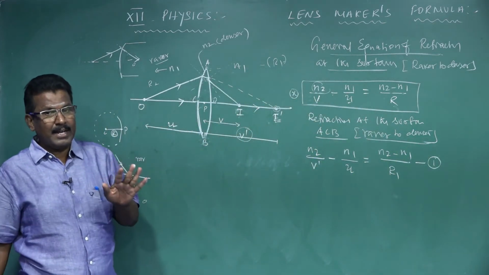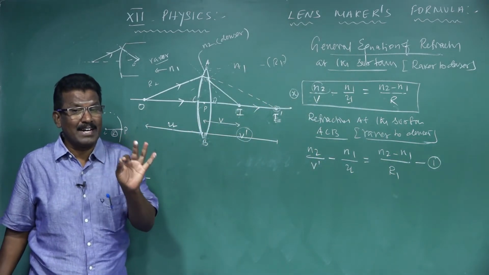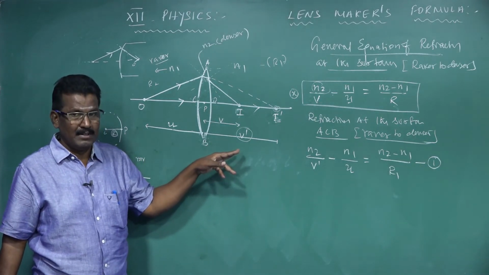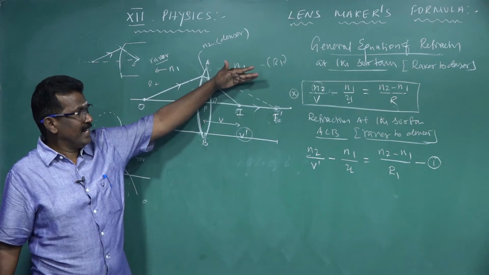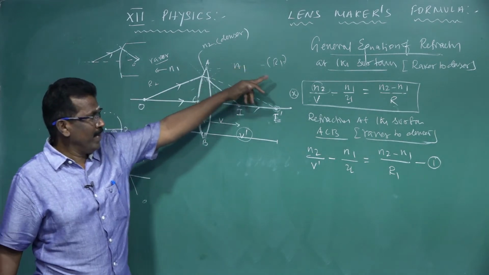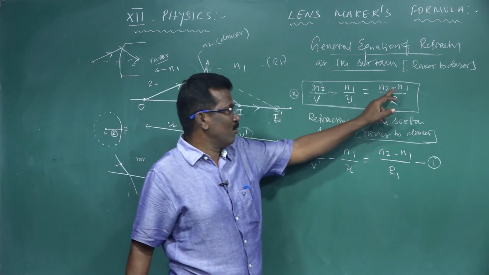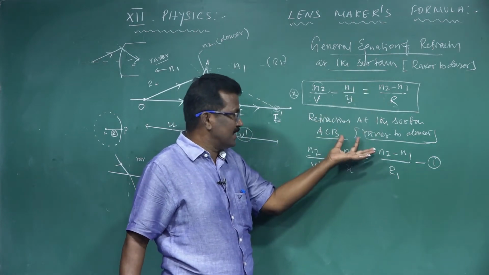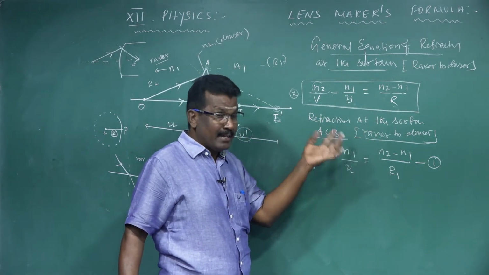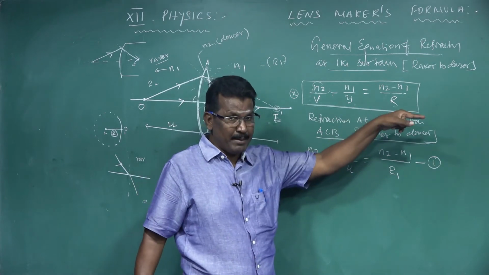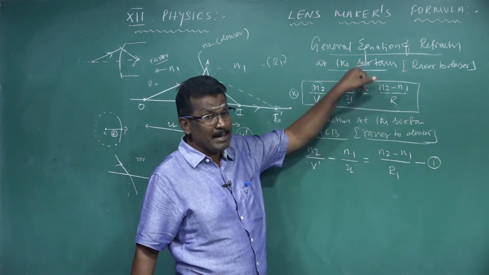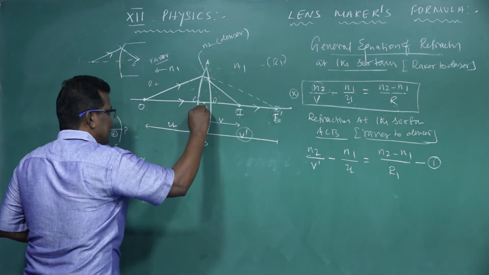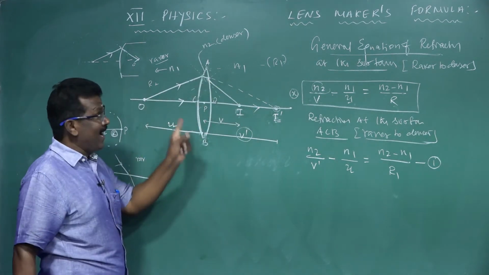The condition here is that we are not using any Cartesian sign convention; we simply take the general formula N2 by V minus N1 by U is equal to N2 minus N1 divided by R. This is refraction at the first surface ACB, where light travels from rarer to denser medium. Next, refraction at the other surface.